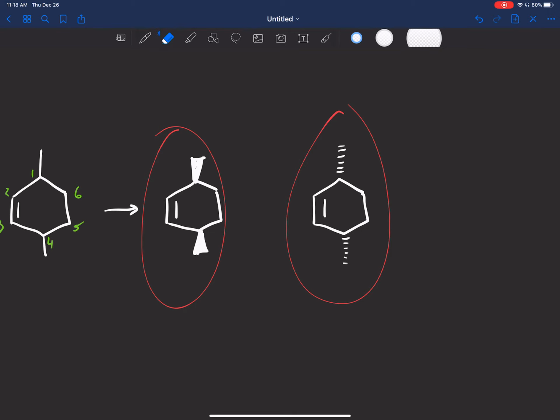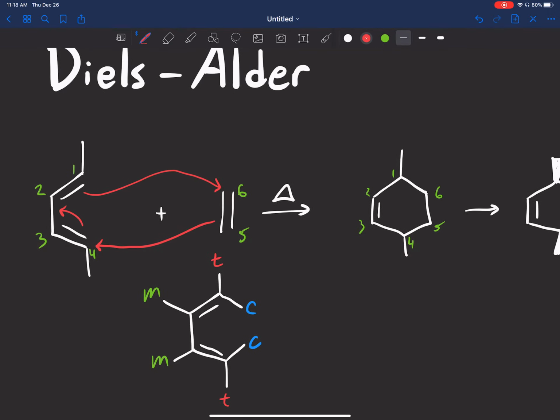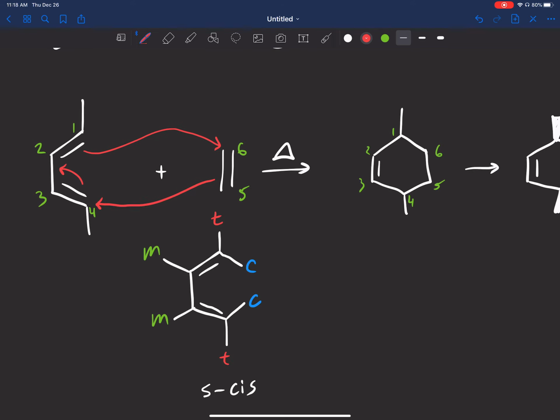So we have one product in this case. But the main point I'm trying to get across is how when you have the substituents going in these opposite directions, they'll have the same stereochemistry. They're both trans in terms of the double bonds they're on, but relative to each other, they're the same stereochem. Okay?